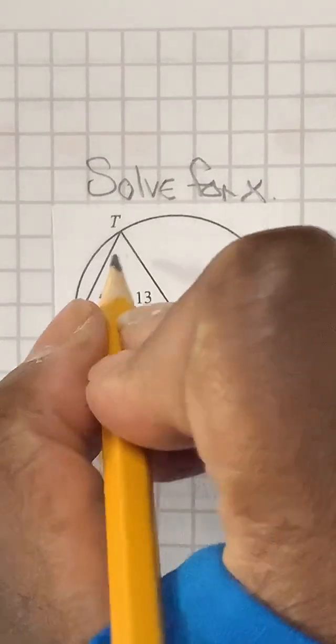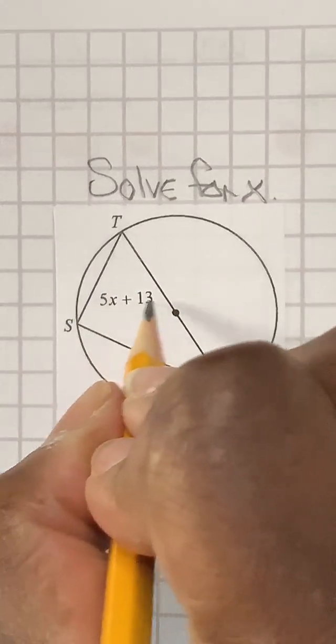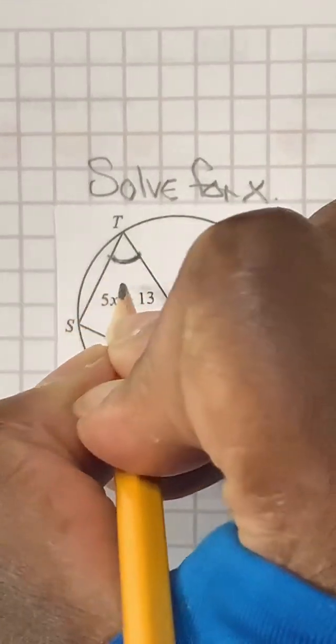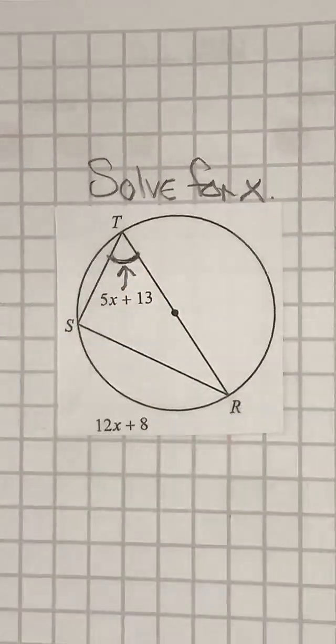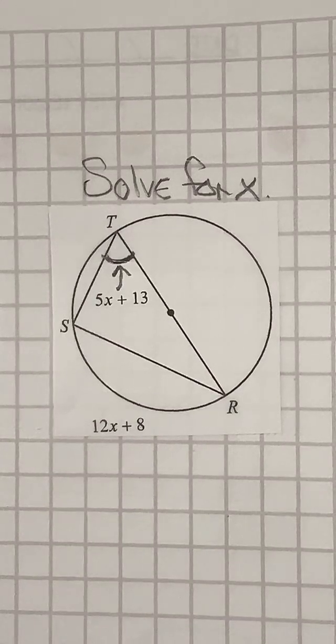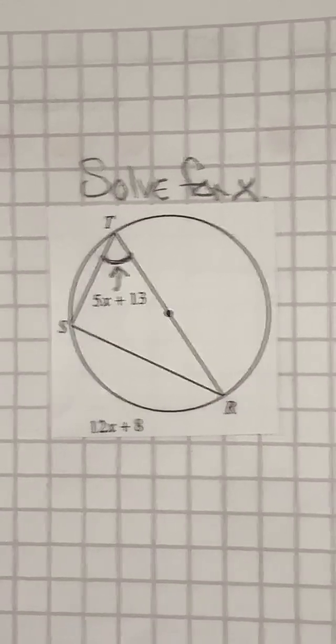Yes, it is. So there's 5x plus 13. That's the measurement of angle STR. Just because it looks like a right angle, that's the one thing about geometry.